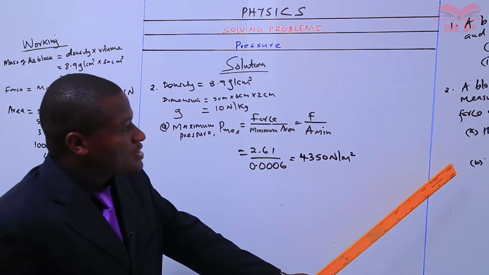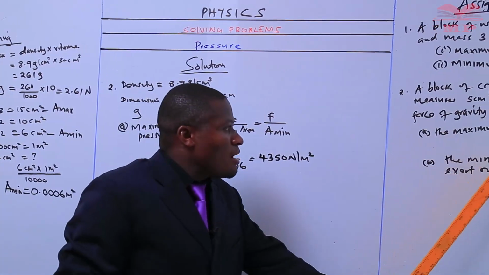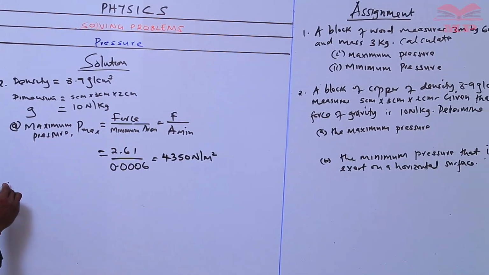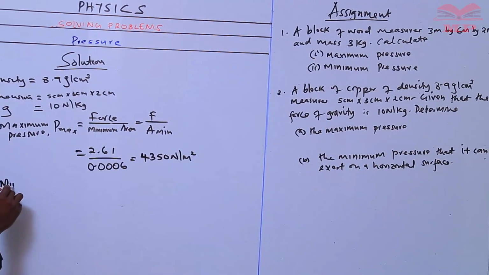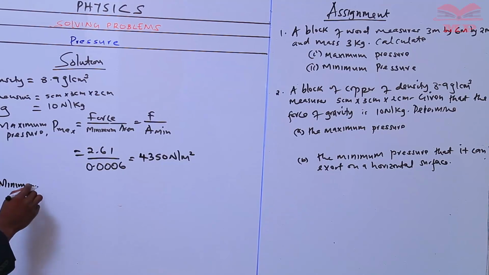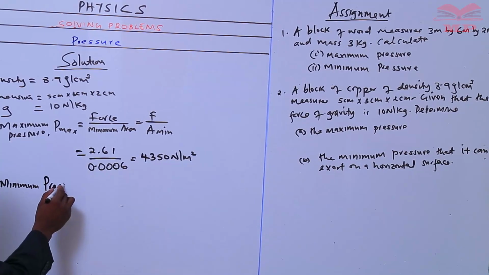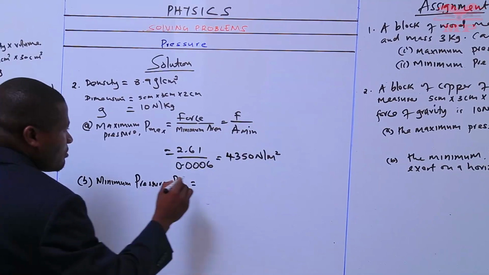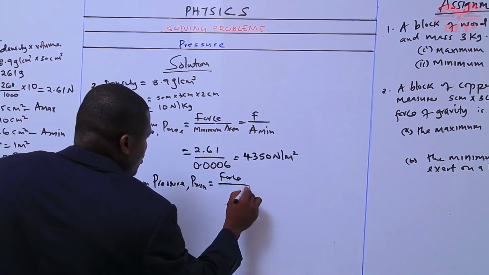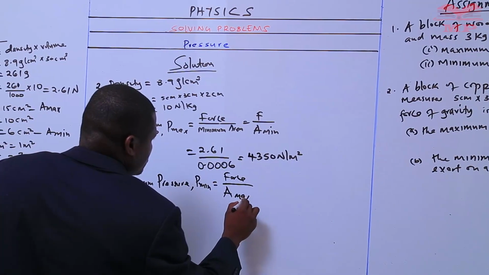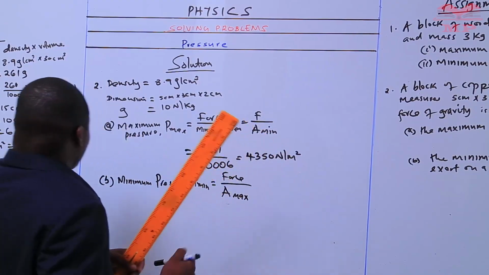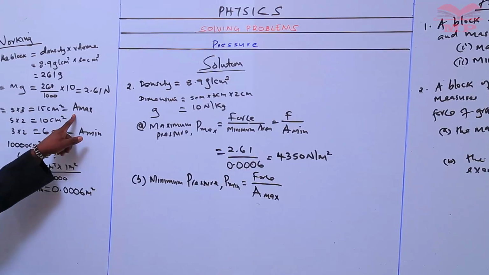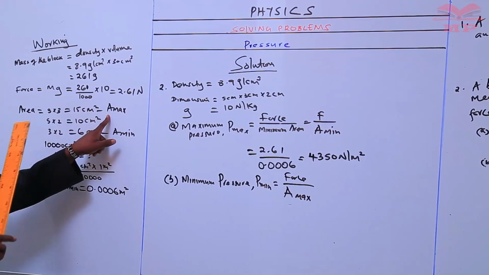So we move to the second part, the minimum pressure that it can exert. And remember, previously we said that minimum pressure, P minimum, is given by force over area maximum. We have here our area maximum, but it is in centimeters squared.